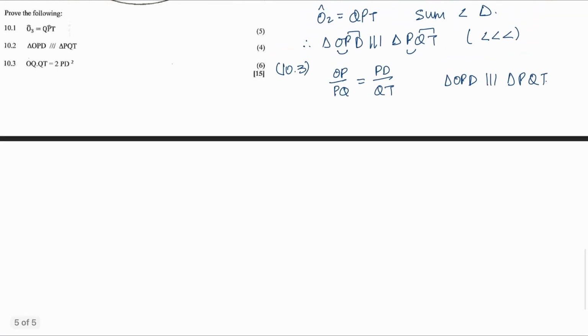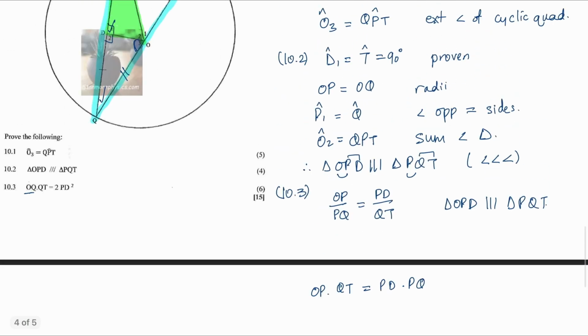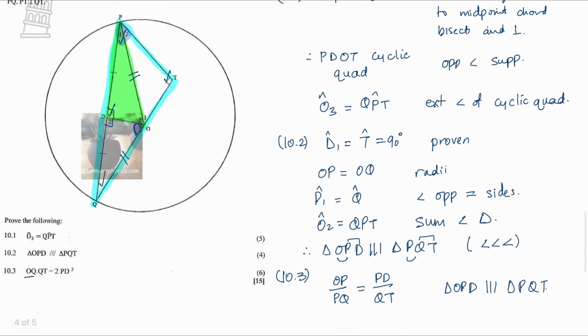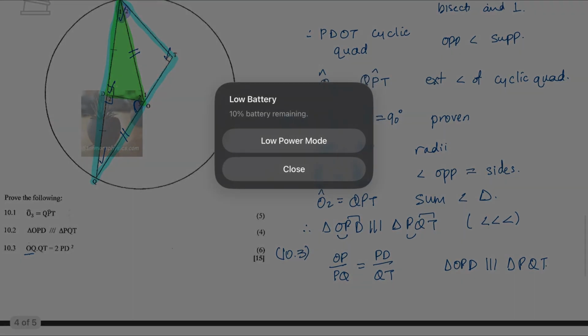Next, we can cross multiply. We can say that OP times QT is equal to PD times PQ. So we have the OQ. No, we don't have the OQ. Well, OP and OQ are equal.